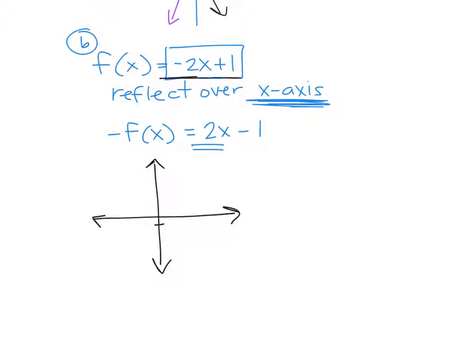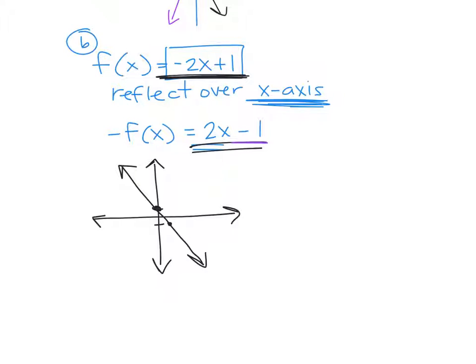Okay, so I'm going to graph this first function. You have a positive 1 for your y-intercept, and then a slope of negative 2 means I'm going where? Down 2 to the right 1, which gets me that line. Okay? We're reflecting over the x-axis. So now my equation is going to look like this.